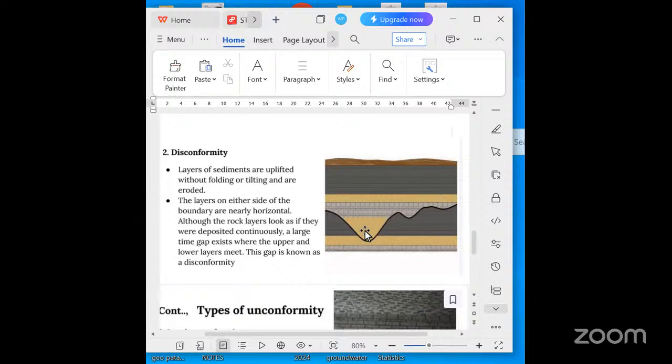In the case of an intrusive contact, not only are metamorphic effects seen in the adjacent strata along the contact, but the dikes may penetrate the adjacent rocks, right? So these are the outcrop characteristics of unconformities.